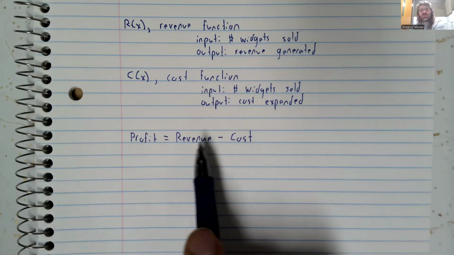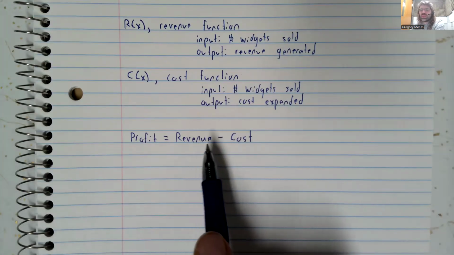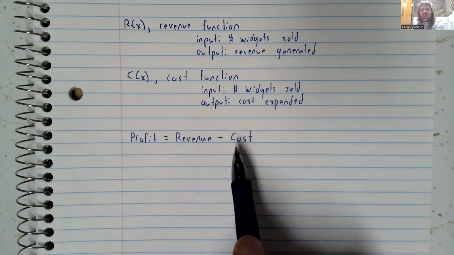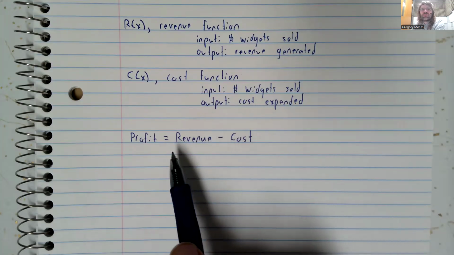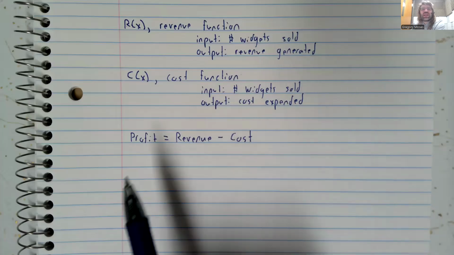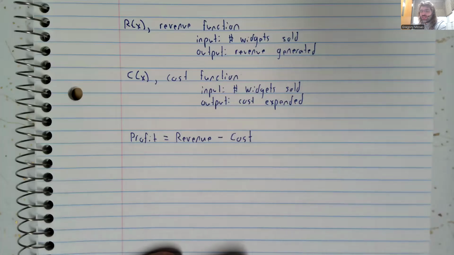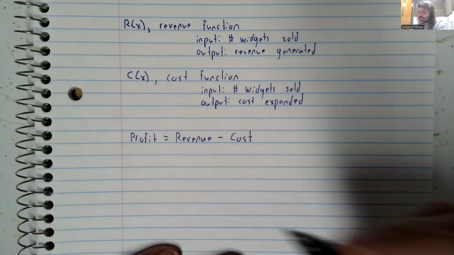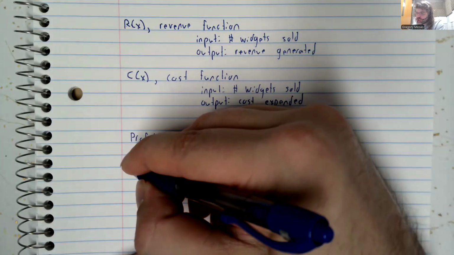If your revenue is bigger than the cost, this will be positive, and that's good. You're in the black. If the cost is bigger than the revenue, this will be negative, and that's bad. You're in the red. So, we can define a profit function.